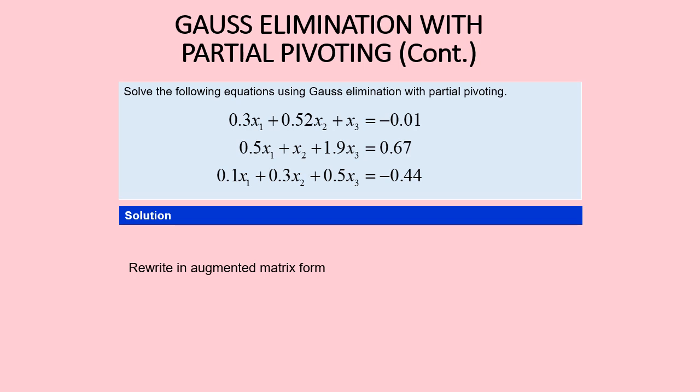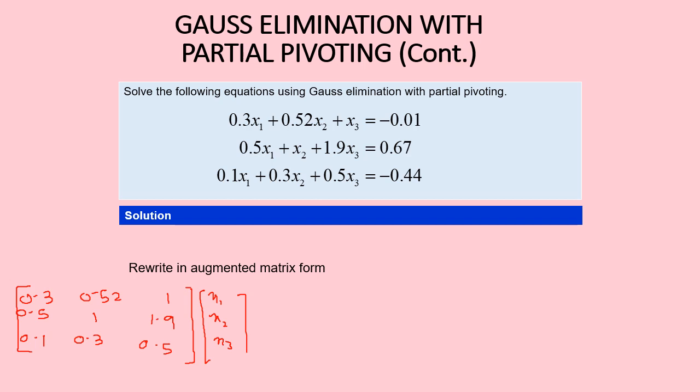So, firstly, let's transform our equation into matrix form. So, we will have 0.3, 0.52, and 1, 0.5, 1, 1.9, 0.1, 0.3, 0.5 with x1, x2, x3 equal to negative 0.01, 0.67, and negative 0.44.